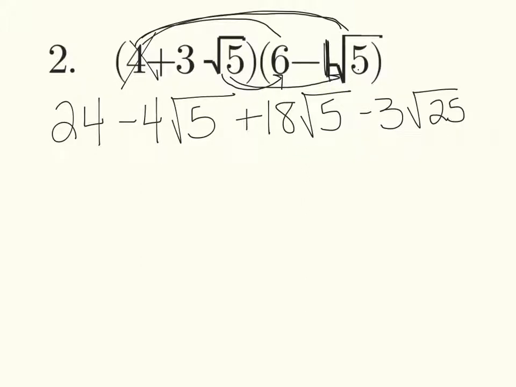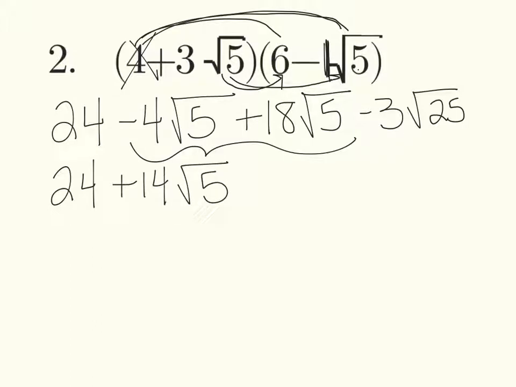Okay. All right, so now we're going to combine like radicals and simplify whenever we can. Okay, so the 24 is done. Okay, now these are like radicals, so I can take negative 4 plus 18 and I get 14 square root of 5. Okay, now this one, the 25, can simplify, so it's 2 5's.